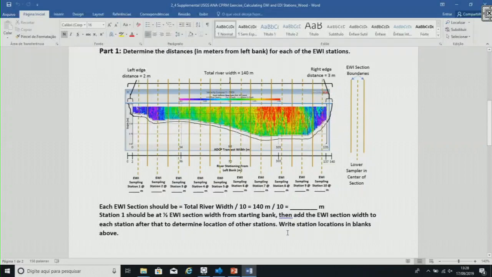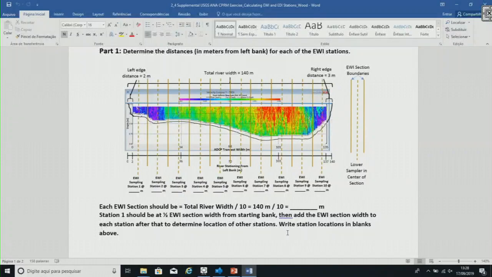Okay, let's go over this exercise. So the first example is if you were going to sample this site using the EWI method.